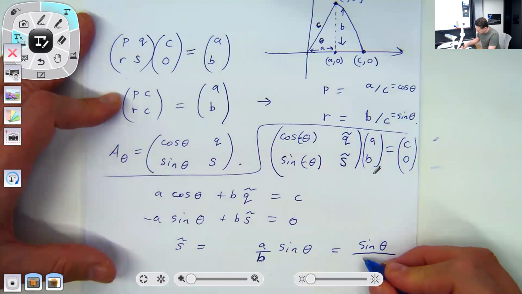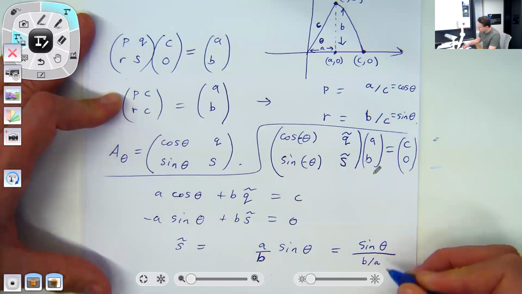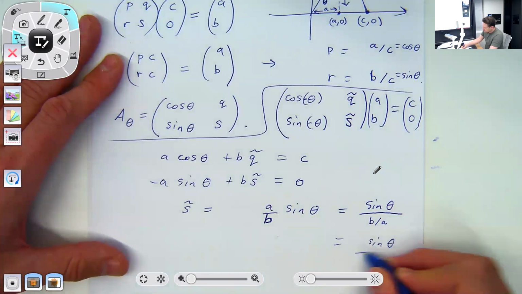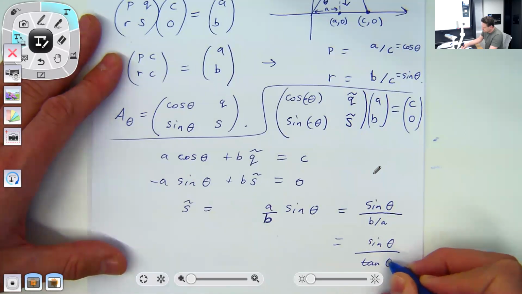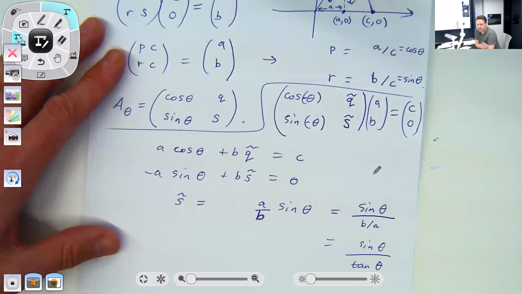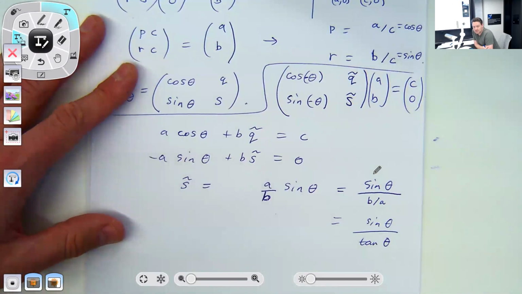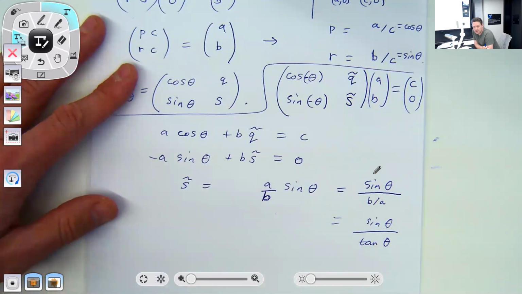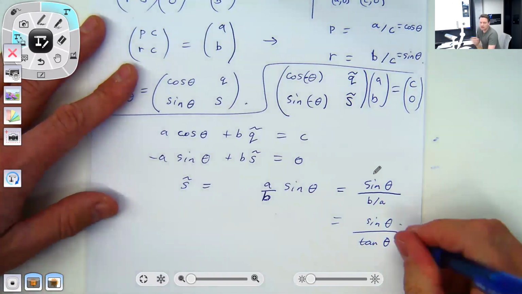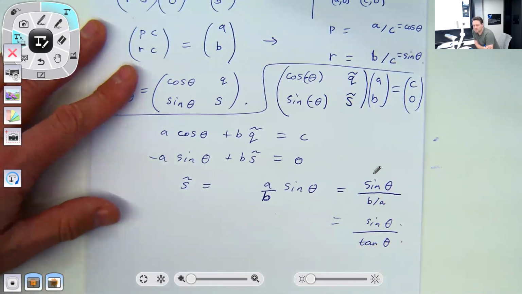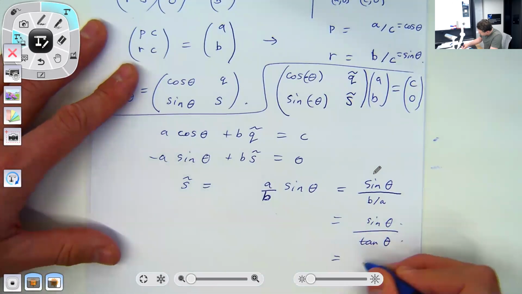So let's write this as B over A in the denominator. And so we've got sine theta over tan theta. So now we can cancel, because tan is sine over cos, so we can cancel the sine of theta here and in the tan, and then we end up with 1 over 1 over cos, right? Which is just cos. So we have cos theta.